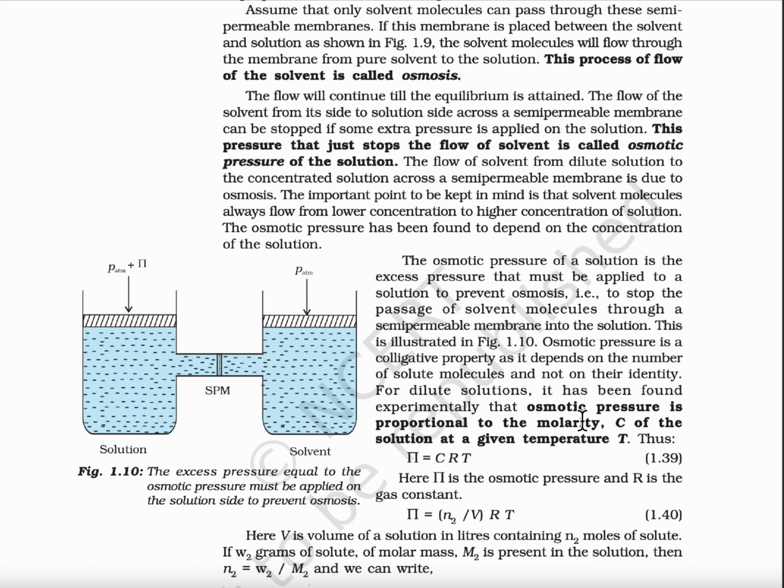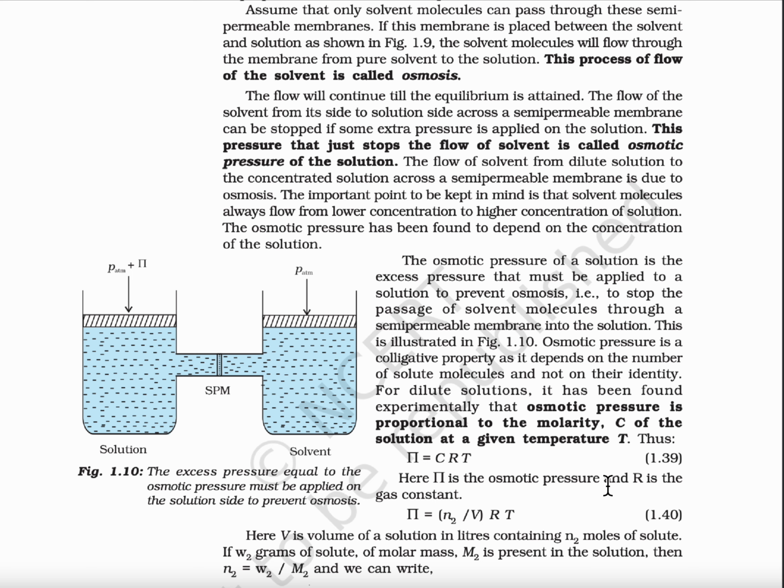Osmotic pressure is a colligative property as it depends on the number of solute molecules and not on their identity. For dilute solution, it has been found experimentally that osmotic pressure is proportional to the molarity C of the solution at a given temperature T. That is, pi is the osmotic pressure.